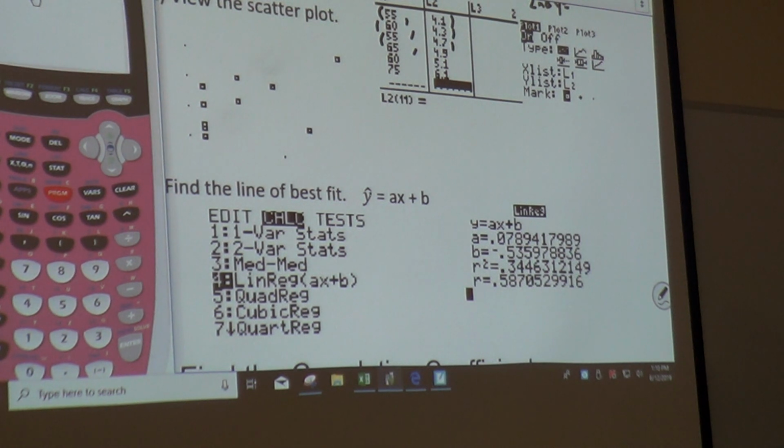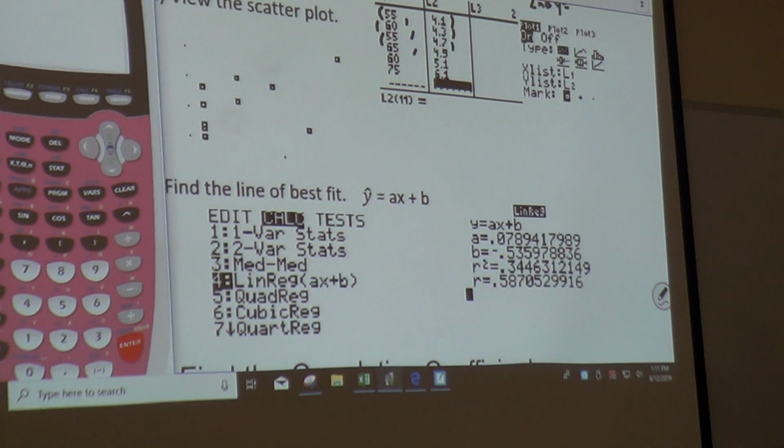Okay, what you're going to need to do is go second catalog, second 0. Hit this button right here, X to the -1. Scroll down until you get beside diagnostic on. Once you get beside diagnostic on, hit enter twice. Oh, it gave me an error.